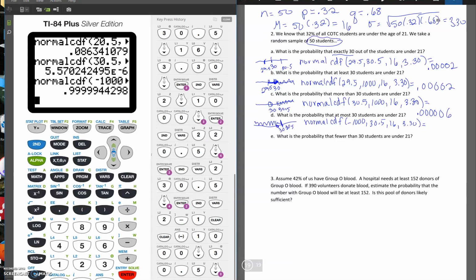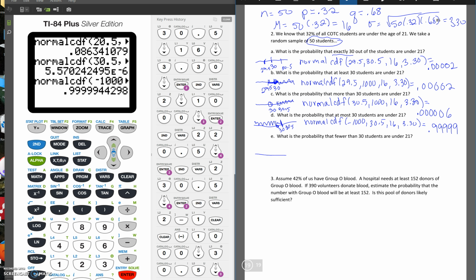So here, if we round to 4 decimal places, it would round up to 1. But if we put 5 decimal places, we'll see that we have 5 nines, 0.99999.